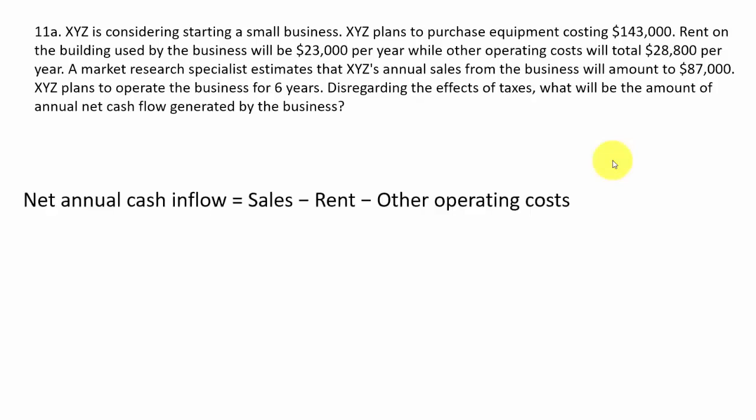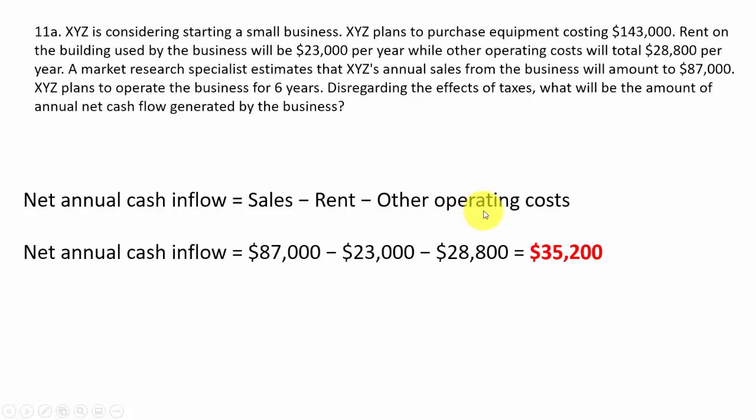The annual net cash inflow will be sales, which are really revenues, minus expenses, and these are cash revenues minus cash expenses. So sales minus rent minus other operating costs, and based on the information above, that would be sales of $87,000, rent of $23,000, and other operating costs of $28,800.